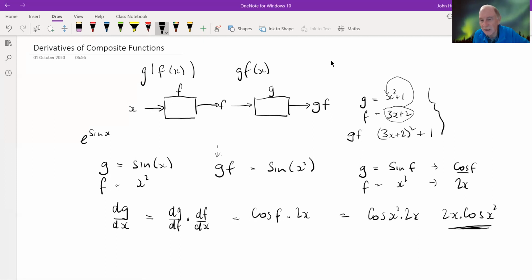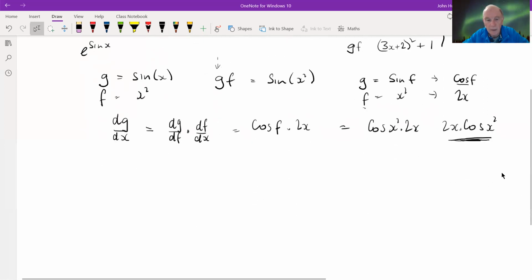So G equals x squared plus 1, F equals 3x plus 2. We're using this same letter x, and it's a bit ambiguous. But if we go back and use G and F, then it works out a bit more straightforward, I think. So that's one example there.